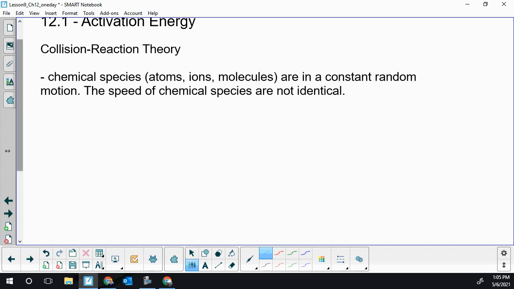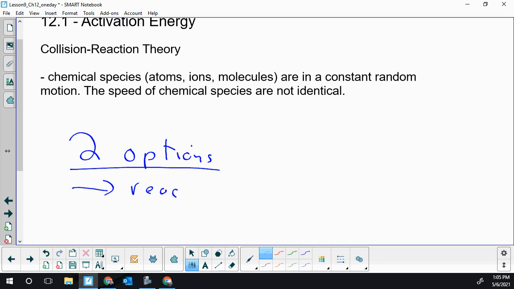Now, when we do have a collision between two entities, according to collision reaction theory, there are two possibilities. One is there could be a reaction: some bonds are broken and some new bonds are formed. The second option is we just have an elastic collision.